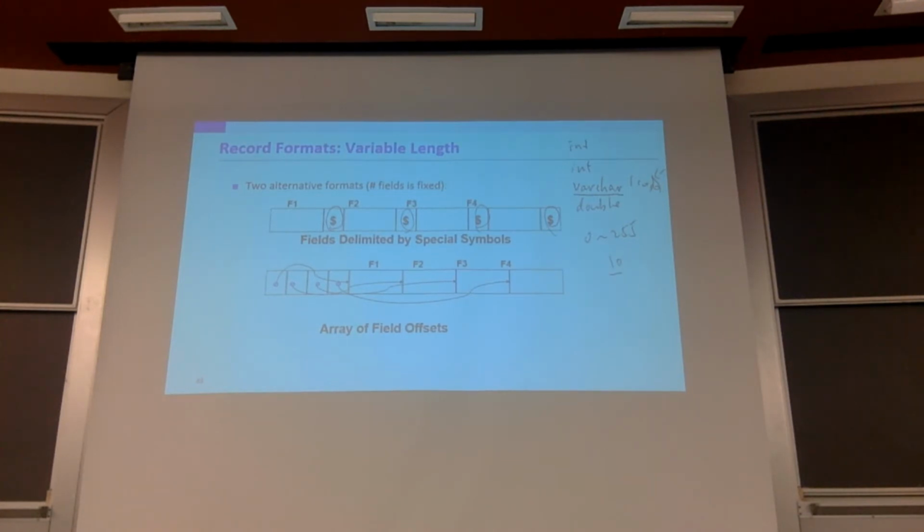So if you write the characters ABC, that's going to be an array of bytes. The first bytes would be 97, 98, 99, and the last one would be a 0. So if you do not allow a null character in your varchar field, then you could use this 0 as the indicator for the end of field.